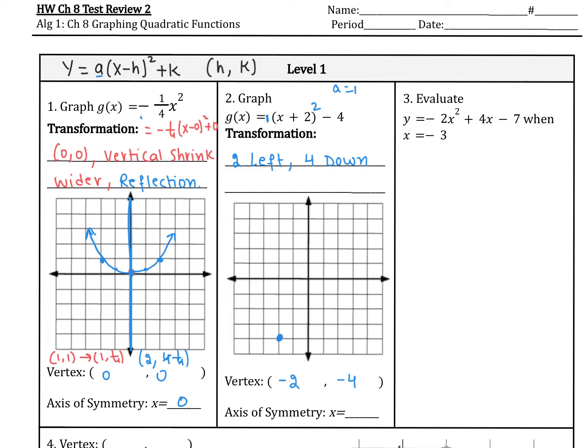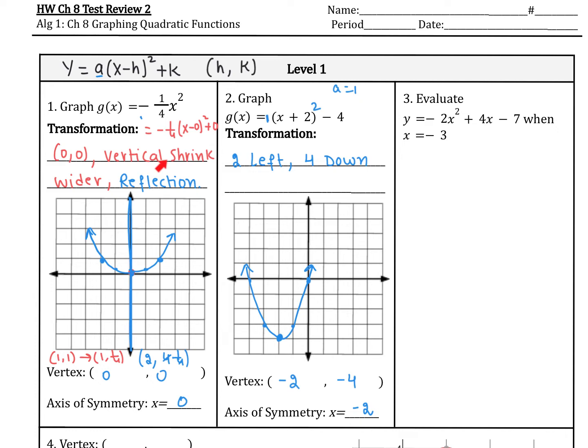So once you have the vertex negative 2 comma negative 4, a is 1, it means this is going to follow the pattern 1, 1, 2, 4, and then you're going to get a graph that is g(x), which is 2 units left and 4 units down. Axis of symmetry is always the x coordinate of the vertex. This is going to be negative 2.